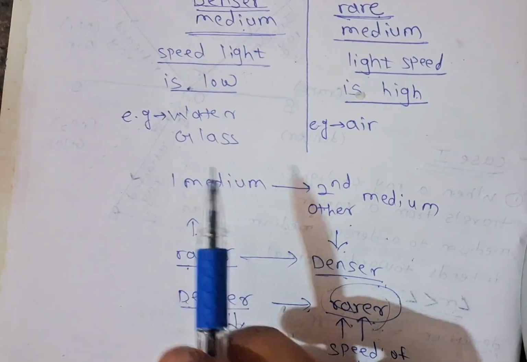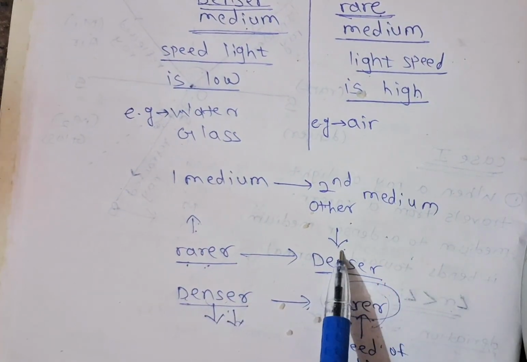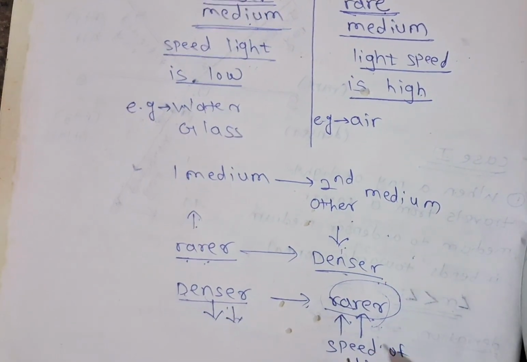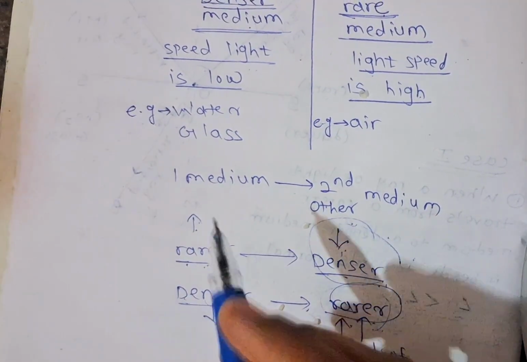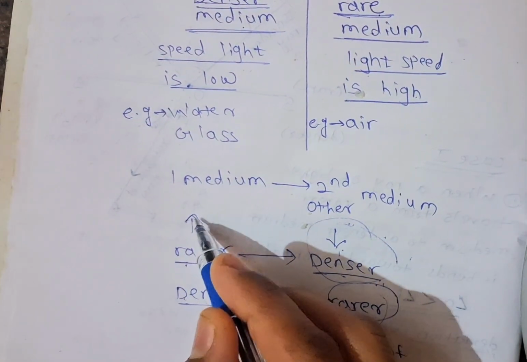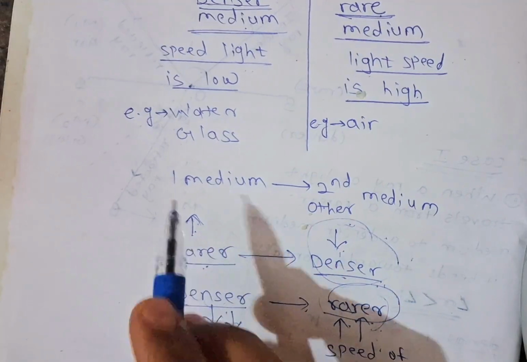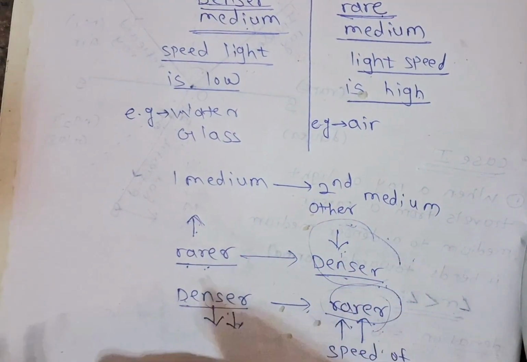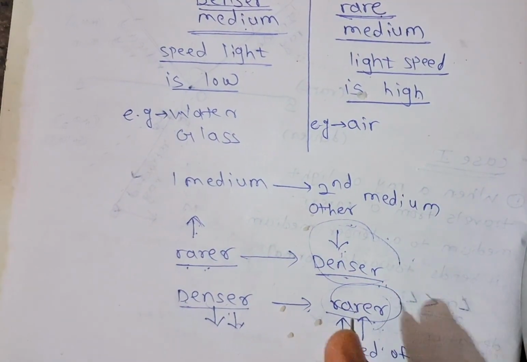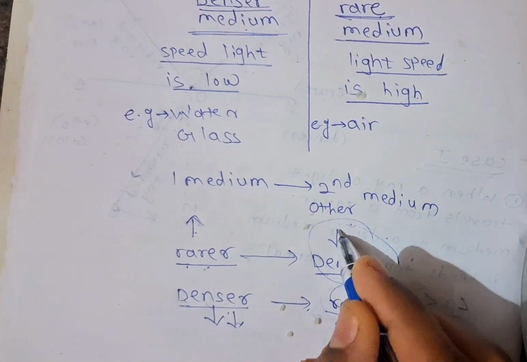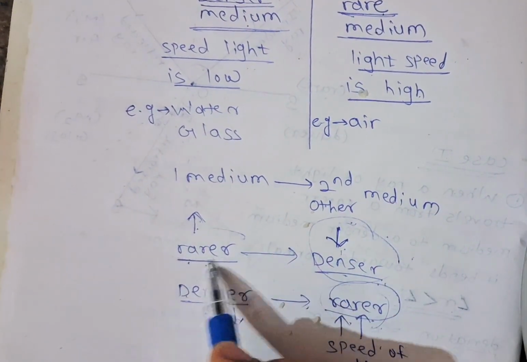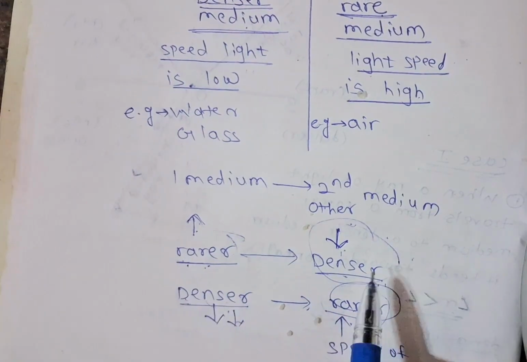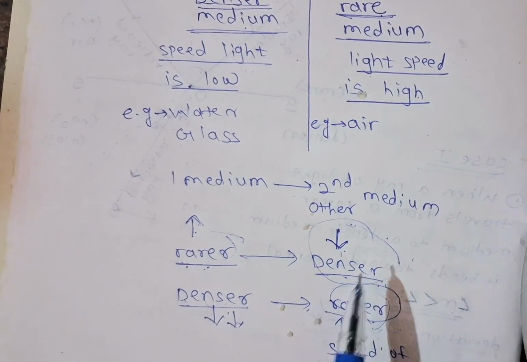After passing through another medium, if the speed of light decreases, then it is called a denser medium. If the speed is initially greater, and after passing through any transparent medium its speed decreases, then medium 1 is rarer and medium 2 is denser.